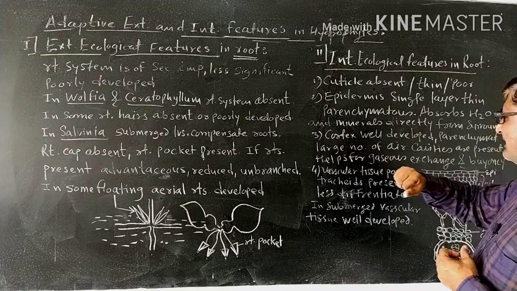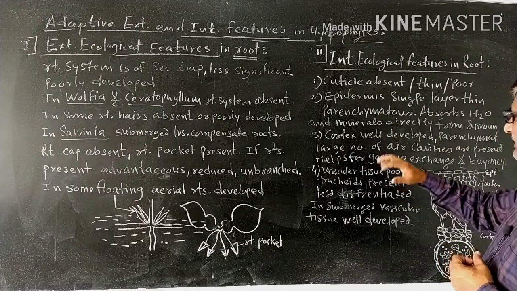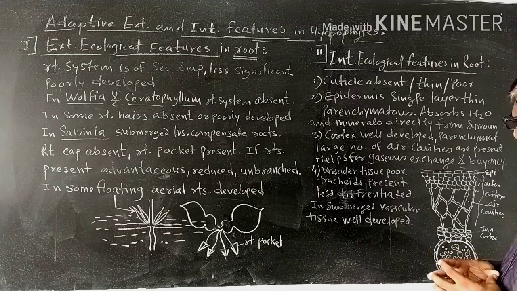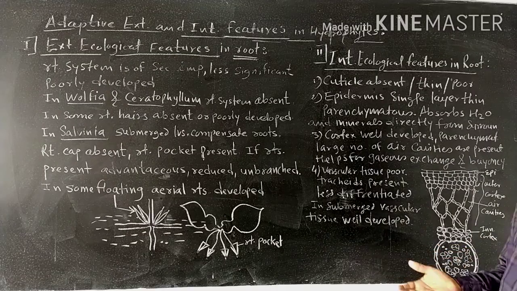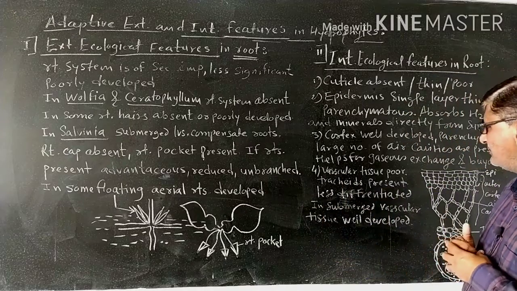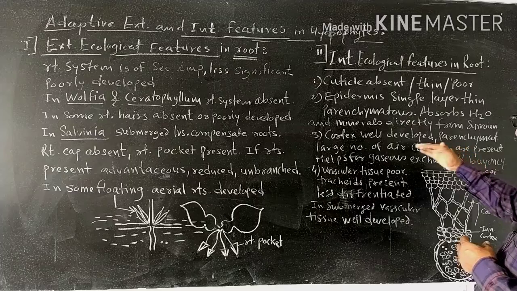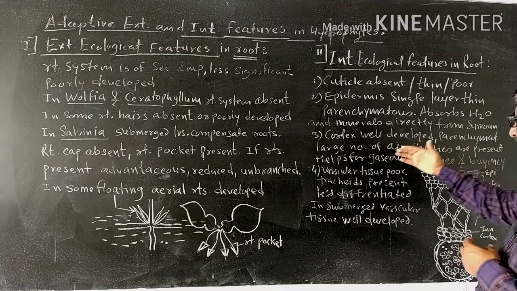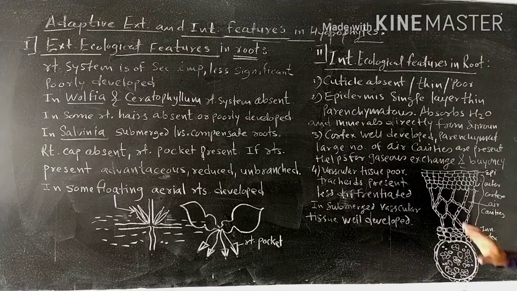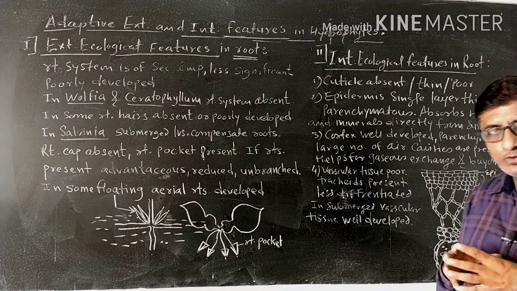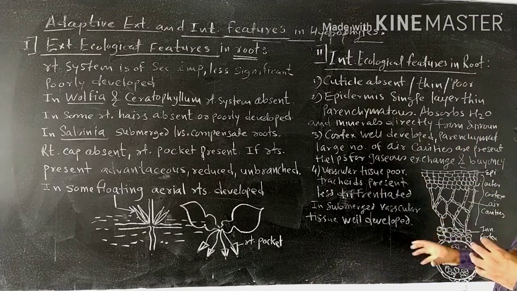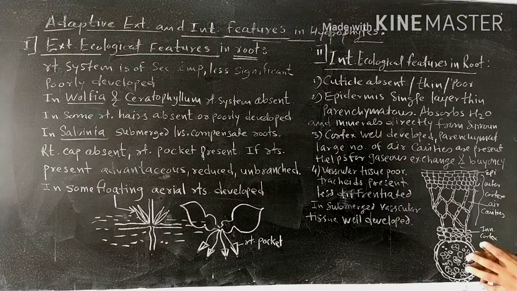The next internal adaptation we can see in the hydrophytic roots is that the cortex is well developed. It may be differentiated into an outer cortex and an inner cortex. The cortex is made of parenchymatous cells. The outer cortex of hydrophytic roots gets differentiated into air chambers or air cavities.